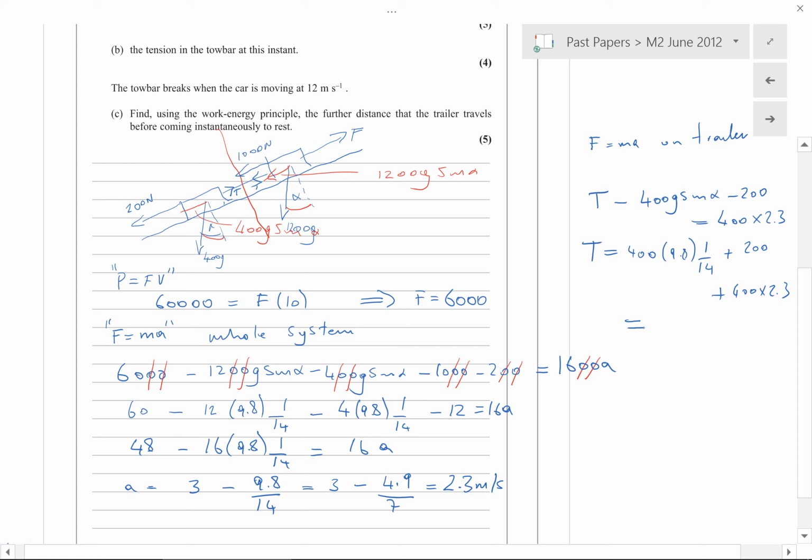Okay, I think I've done my non-calculator things long enough. The answer is 1,400 newtons when you work all that out.